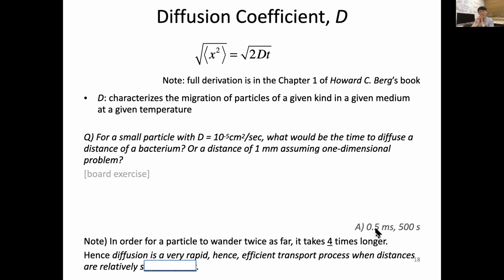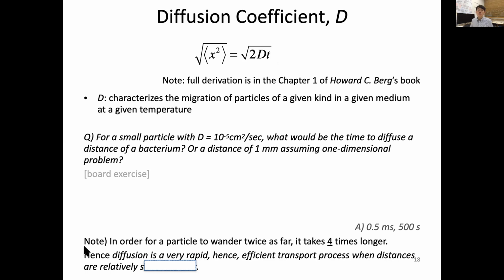However, if the distance gets larger, the time takes much longer. If the RMS distance is twice as large, because of the square root, the time will be squared: for a particle to wander twice as far, it takes 4 times longer. For 10 times the distance, the time will be 100 times longer.